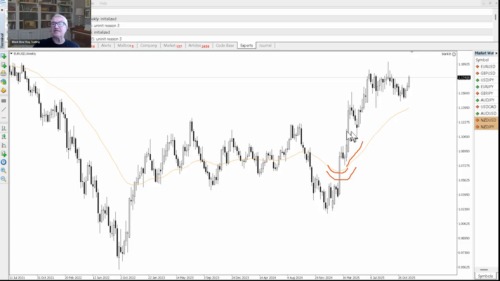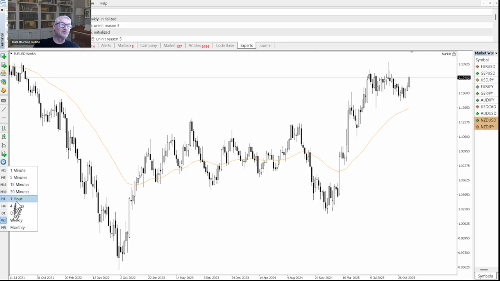Which translates in, you will more than likely have a very good buy opportunity here. So, by determining the slope, we are now able to say whether or not we have a weak trend, or a weak friendship, or a strong trend, friendship. And this works that way on any time frame.